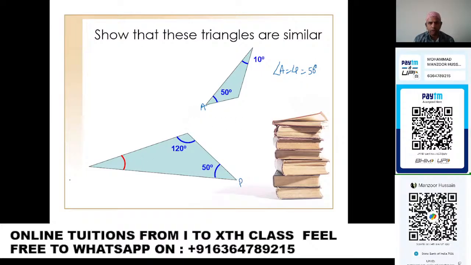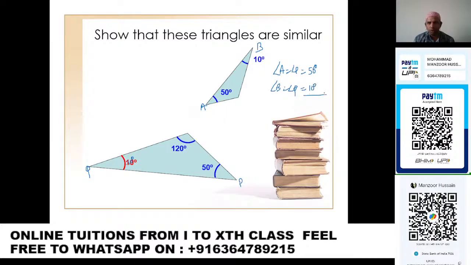Similarly, if I want to say angle Q is equal to angle B, then these must be equal to 10 degrees. Means angle Q is 10 degrees, then only angle B and angle Q are equal. Angle B is equal to angle Q is equal to 10 degrees.